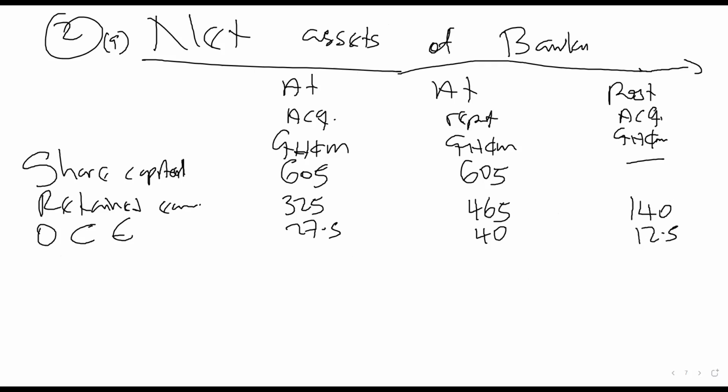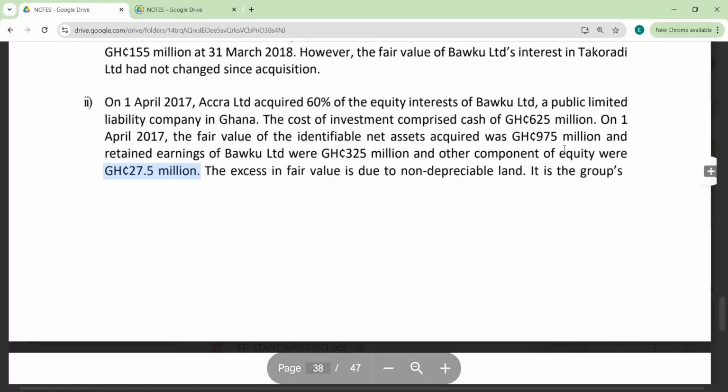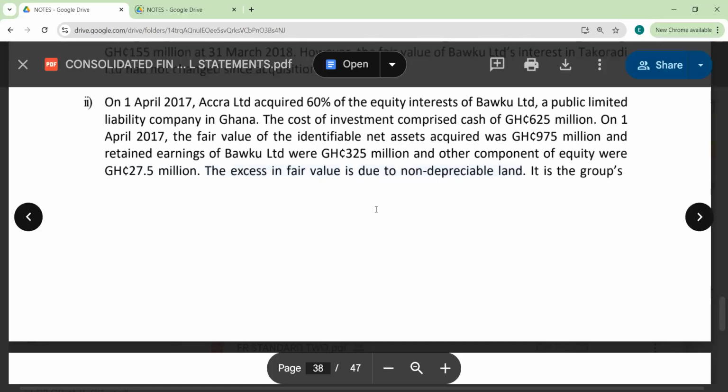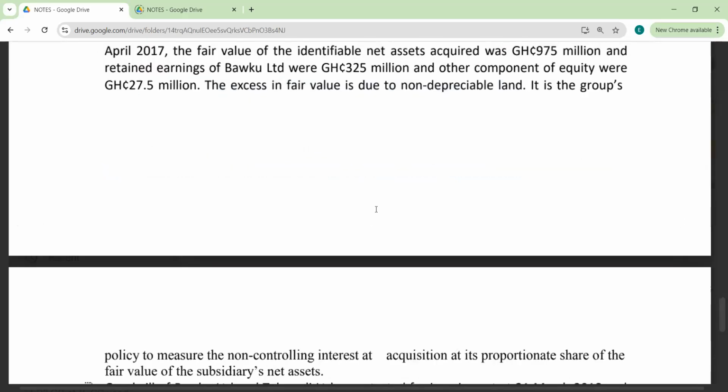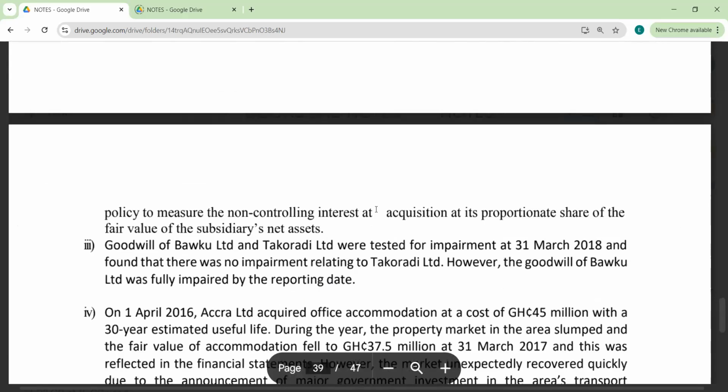That's all. They gave us 975. And the fair value, they said the fair value is non-depreciable land. No, I don't like this kind of question. Why can't you give land so that depreciation should be taken into consideration?